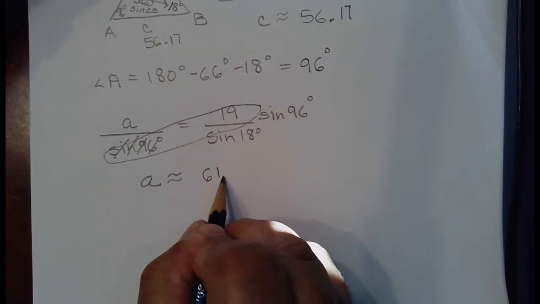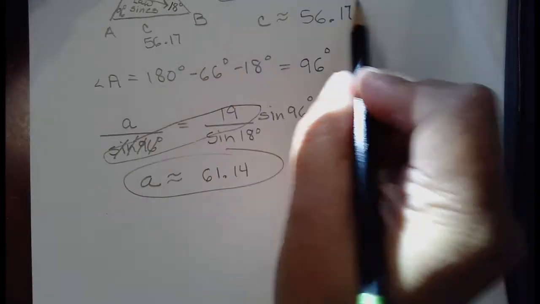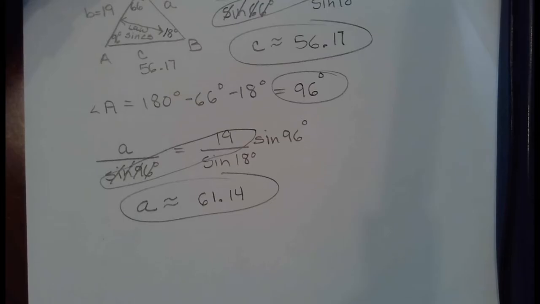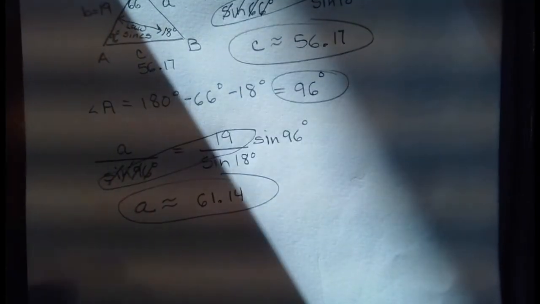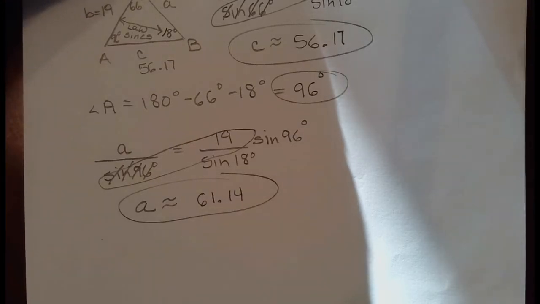They ask you to round to the hundredths place. Okay, those are the three answers that I found. I found side C first, and then I went and found the missing angle of 96 degrees, and then I finished it off by finding side A. Okay, moving to problem number 11.